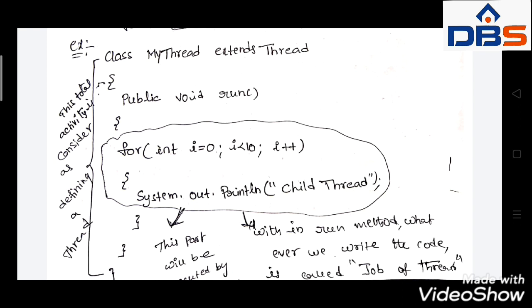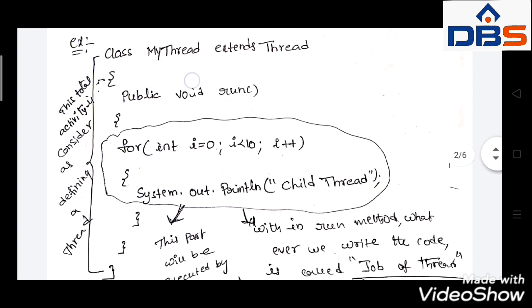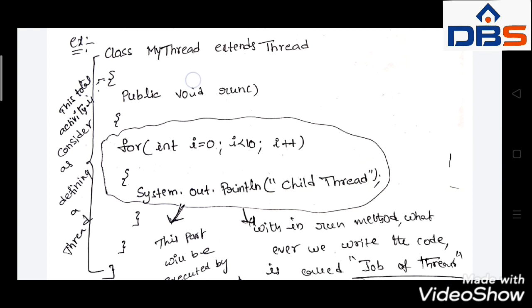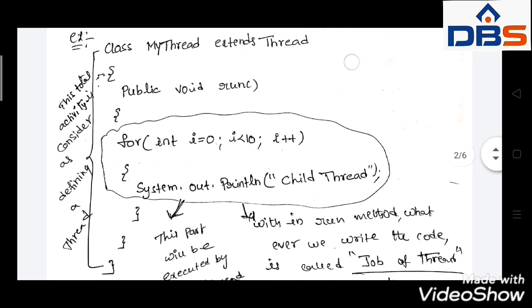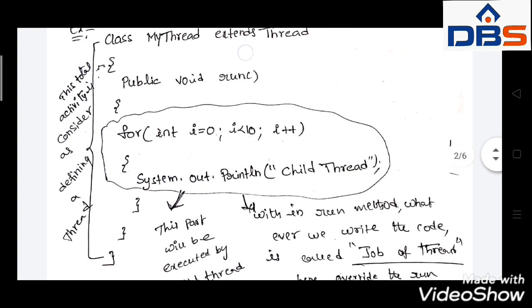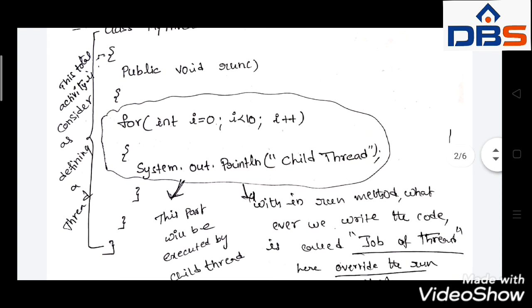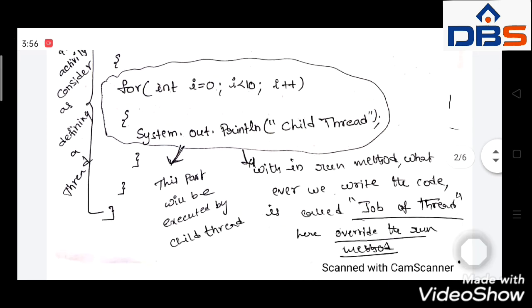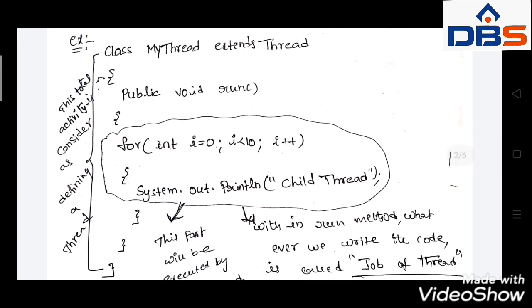How to write it? class MyThread extends Thread. MyThread is the name of the thread. So here I create a class. It means here the thread is started. A new thread is born.